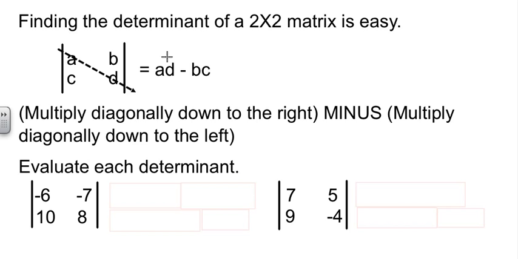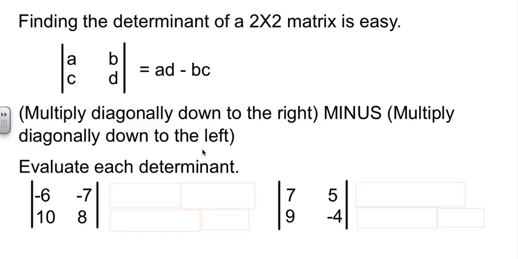That's where this first piece comes from. Minus multiply diagonally the other direction. Diagonally down to the left, that gets you the other part. Okay, I'm going to get these two arrows out of the way so you can see that again. AD minus B times C.